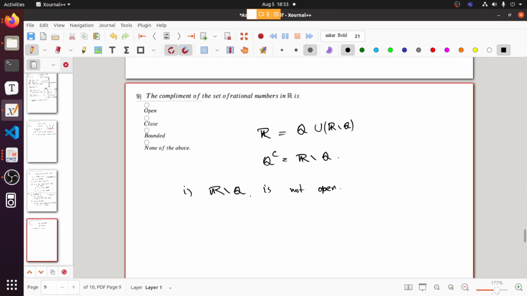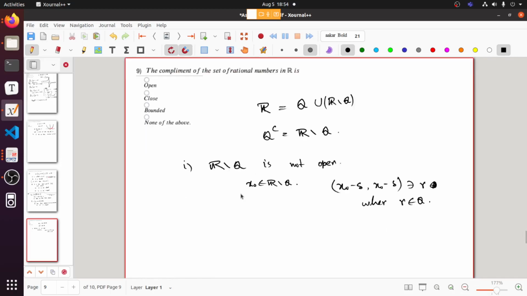Because if you take some point and take an open interval, because rational numbers are dense, there will always be a rational number. Suppose x naught belongs to R minus Q, and you take x naught minus delta to x naught plus delta, there you can always find an r, where r is rational, because rationals are dense. So R minus Q is not open. Is it closed? R minus Q?